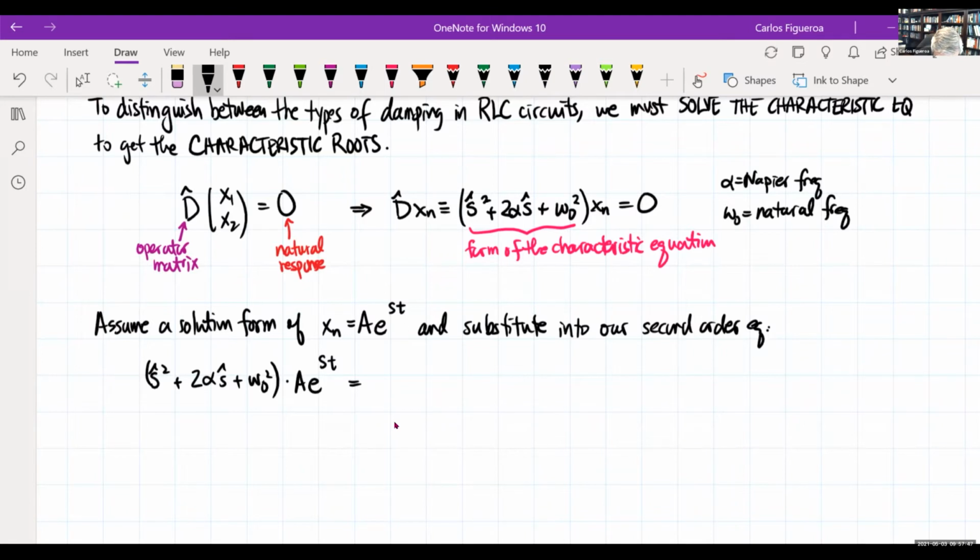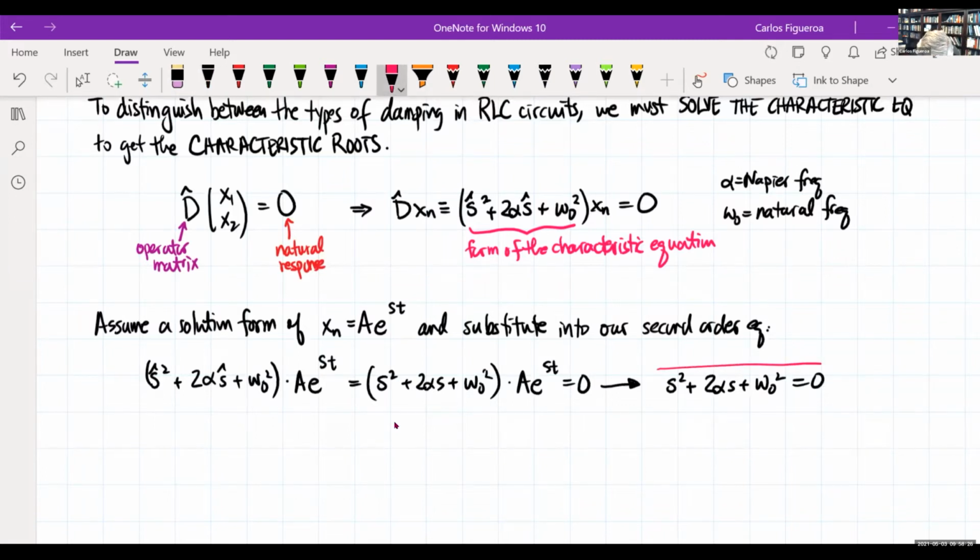And so you get this solution that looks like this, times A e^(st) equals 0. And the only way this can be true is not that A times e^(st) is equal to 0, but the parentheses term. And so therefore, s squared plus 2 alpha s plus omega naught squared equal to 0 is our characteristic equation.